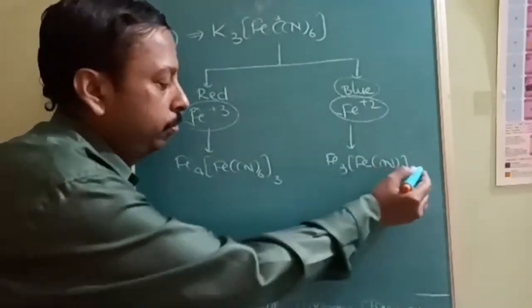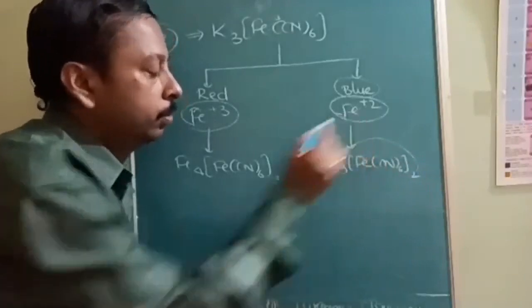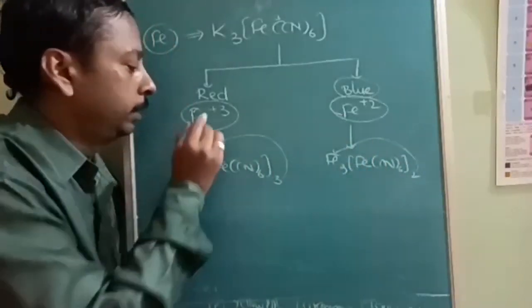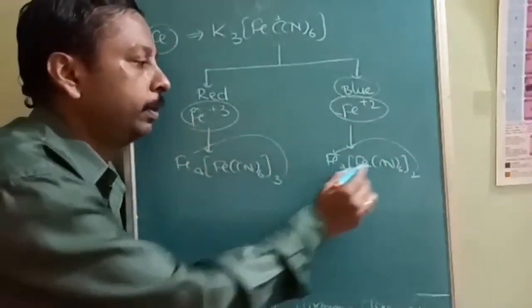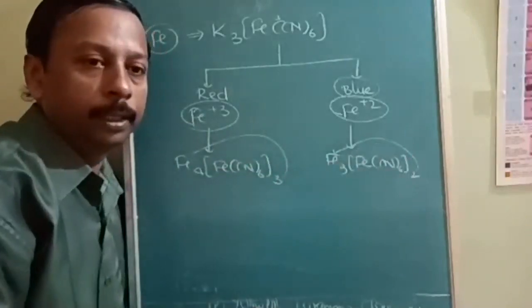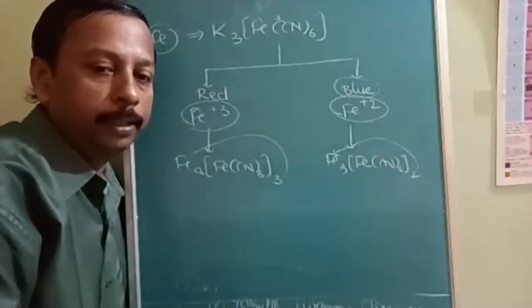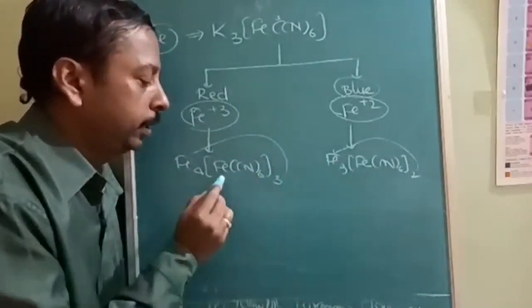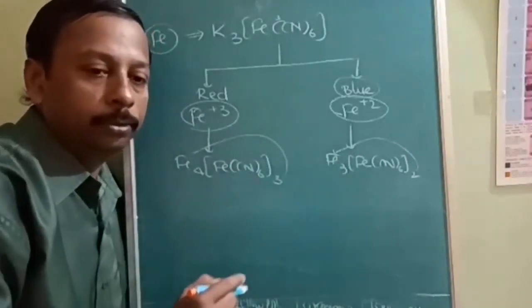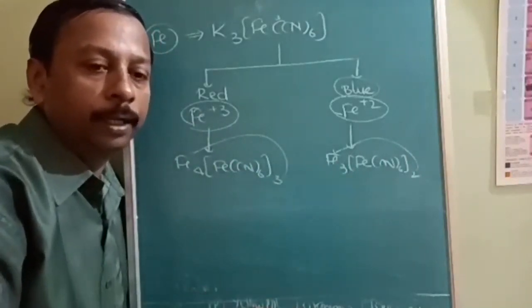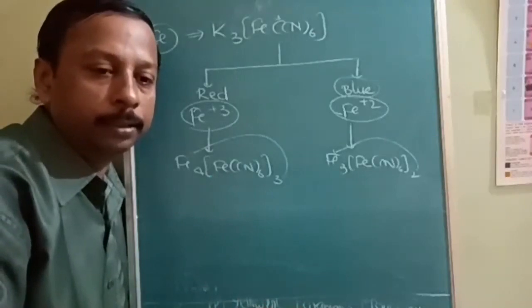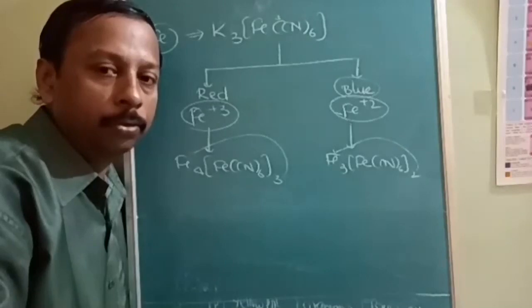Here this is +2, and here this is +3, so minus 4 and minus 3 will be there. Accordingly, there will be a change in the oxidation number of this and this. So this is how we can identify the group 3 basic radicals, three in number, and how to identify them. Is it understood?